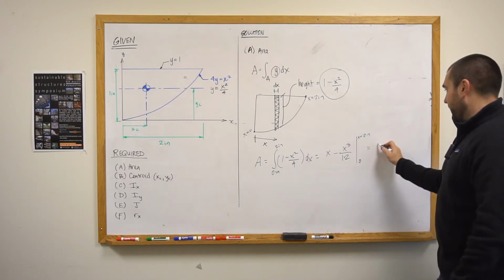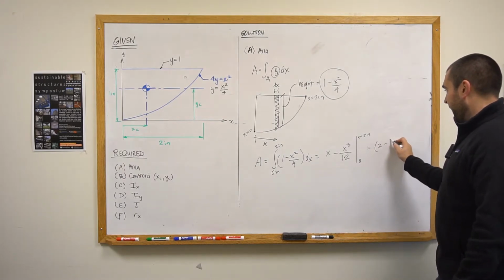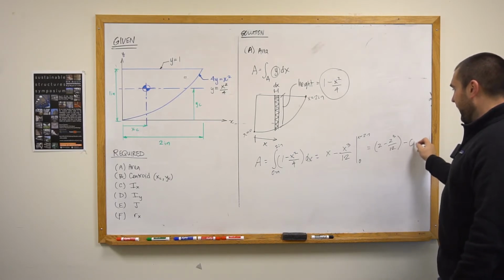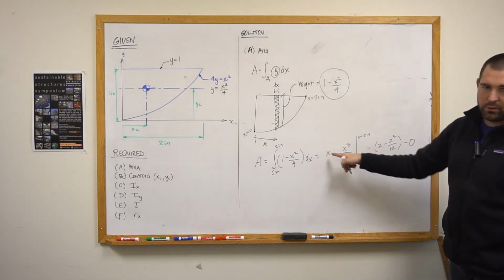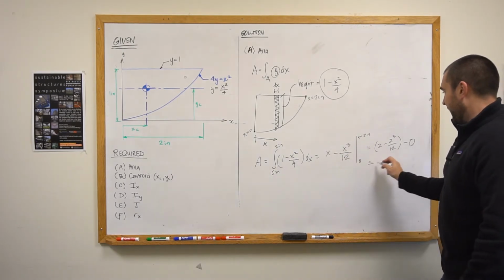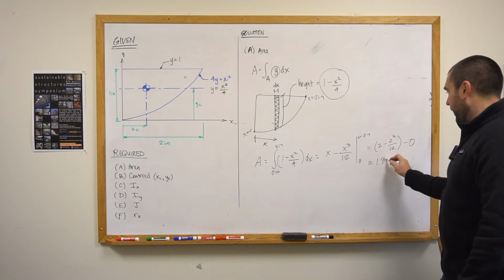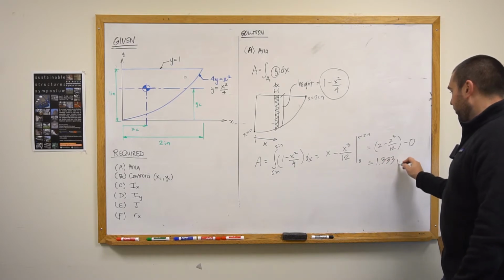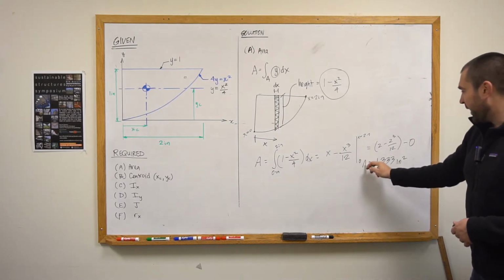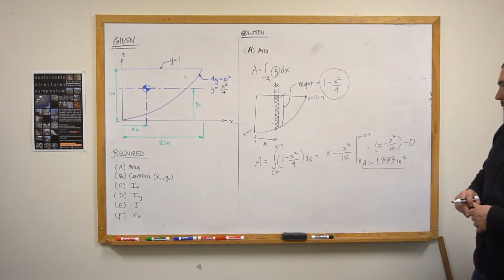And so simply I'm going to get 2 minus 2 cubed divided by 12, and then simply minus 0. If I plug in 0 here, I get 0 minus 0, not a big deal. And here I end up with 1.333 inches squared. So there's my area right there, 1.333 inches squared.